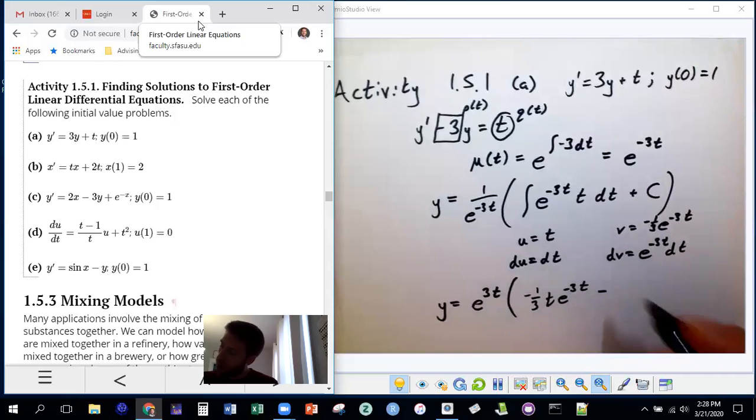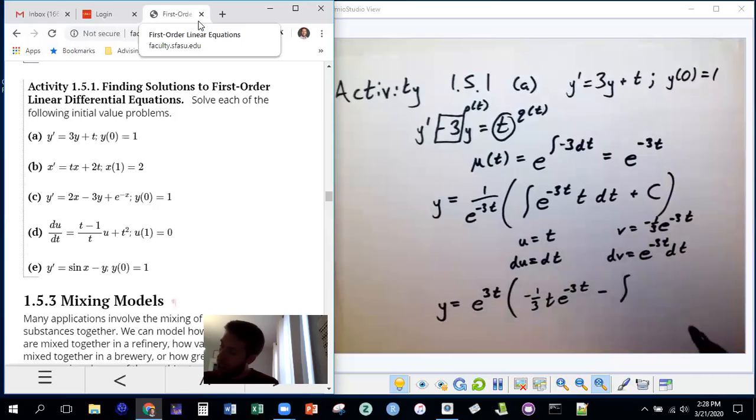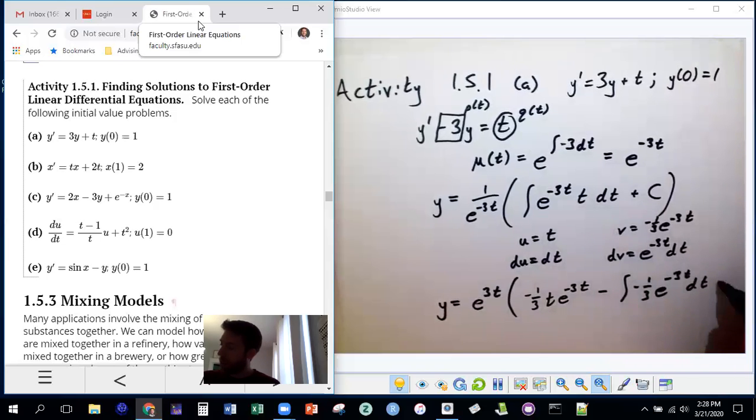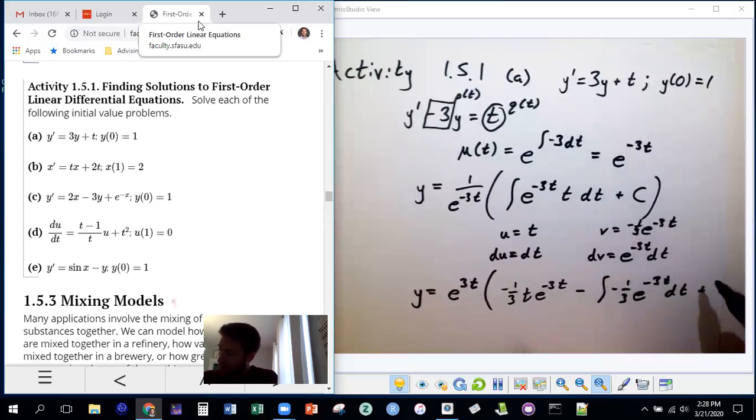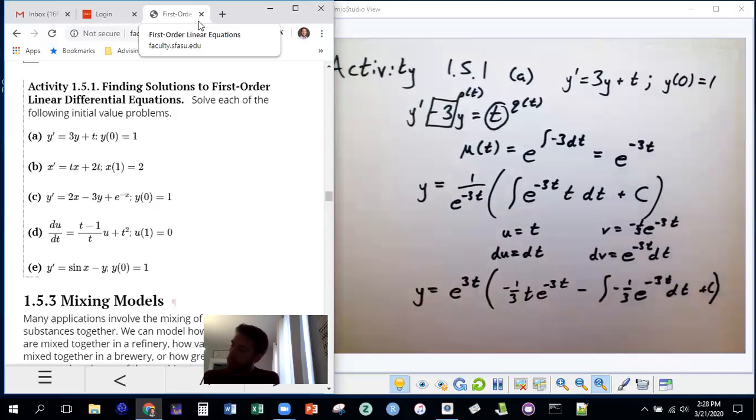And then minus the integral of v du. So minus negative 1/3 e to the negative 3t dt. And I've got a plus c here, but I'm going to get a plus c from the integral anyway, so it's kind of lame to keep it, but it will.